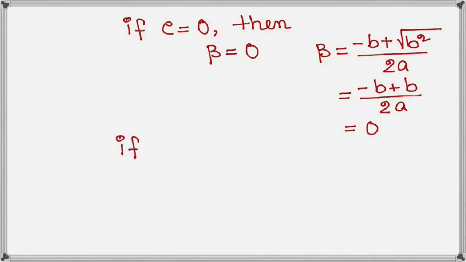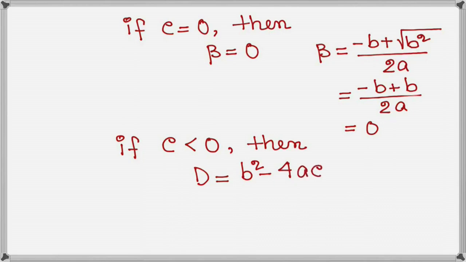If c is negative, that is c is strictly less than 0, then we have d is equal to b square minus 4ac is strictly bigger than b square. So therefore square root of d is strictly bigger than b, as d and b both are positive.